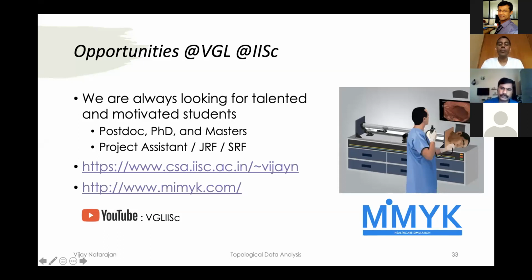Sir, what role does machine learning play in topological data analysis is the next question. Okay. There's a very interesting interplay between machine learning, statistical learning, and TDA. There are two ways in which the two areas come together. One is the more traditional approach.